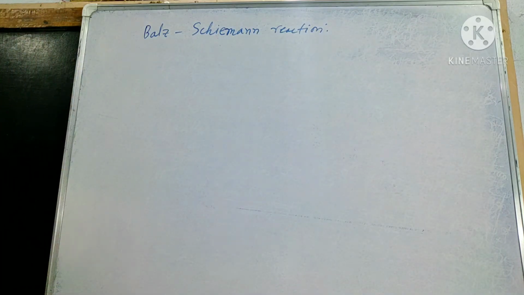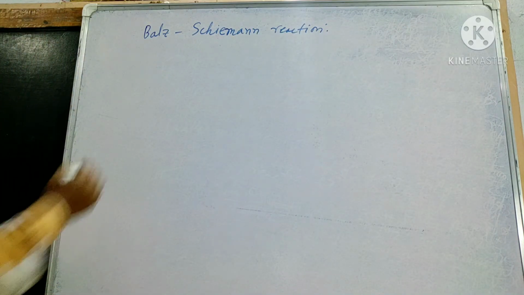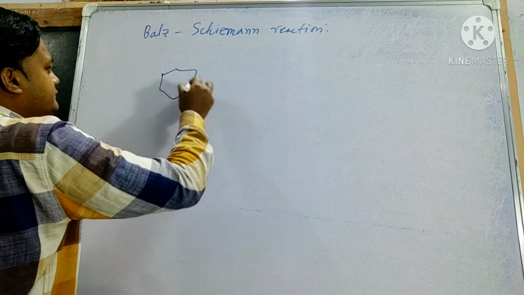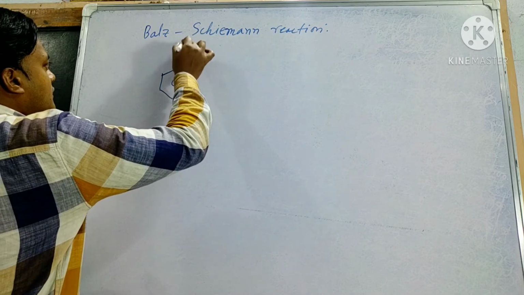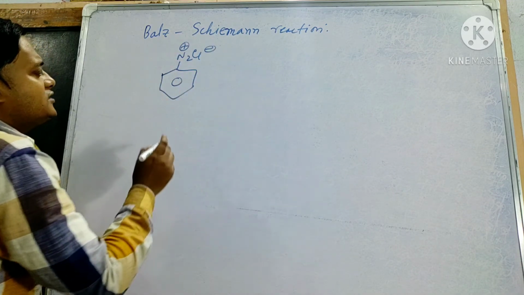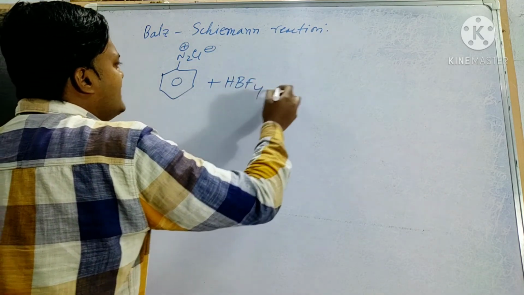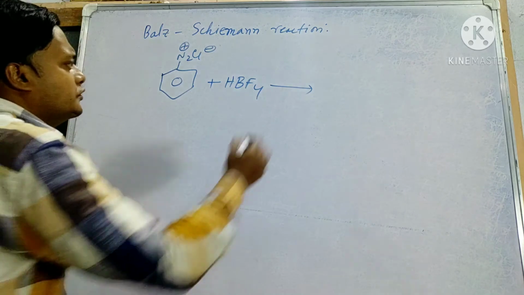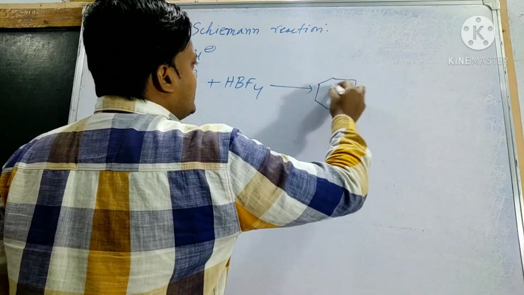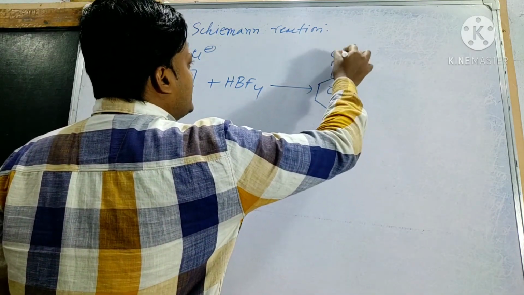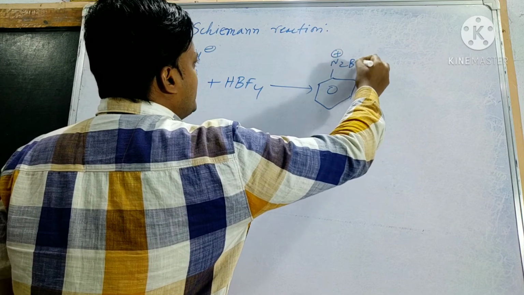Next, Balz-Schiemann reaction. Now in this case, benzene diazonium chloride reacts with HBF4 to form diazonium fluoroborate, benzene diazonium fluoroborate.